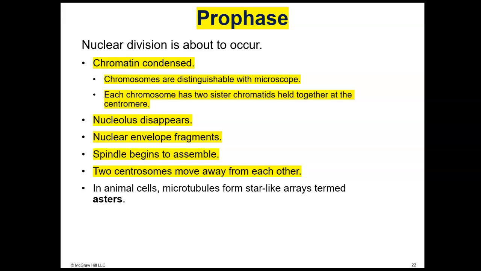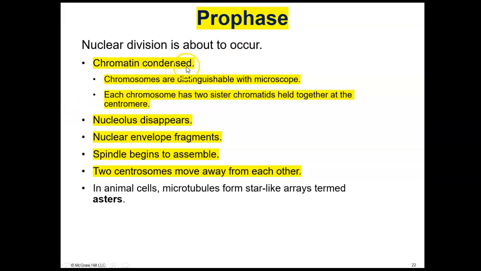But if you learn them, the other phases are very easy. They either have just one event, or when you get to telophase, you can just reverse everything that you learned about prophase. So spend the most time on prophase and learn the events that occur during prophase.